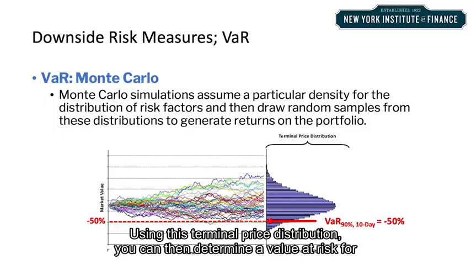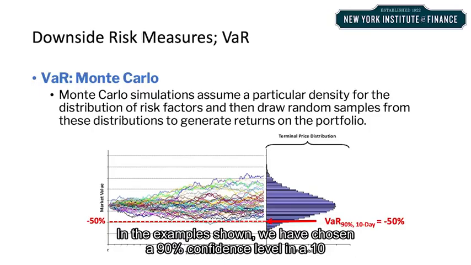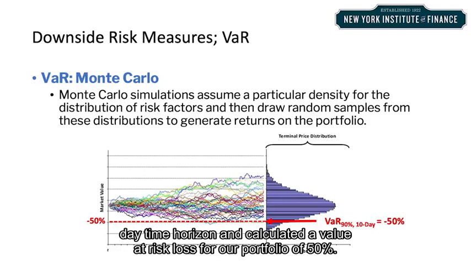Using this terminal price distribution, you can then determine a value at risk for a chosen level of confidence and time horizon. In the example shown, we have chosen a 90% confidence level and a 10-day time horizon and calculated a value at risk loss for our portfolio of 50%.